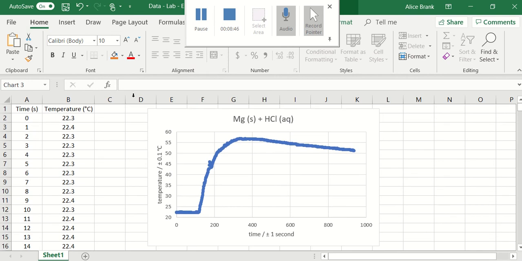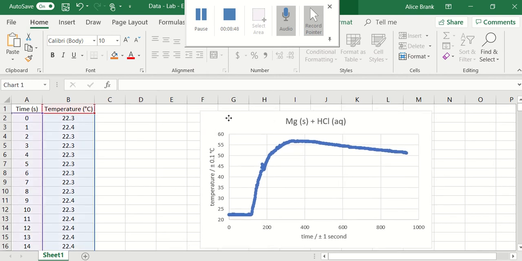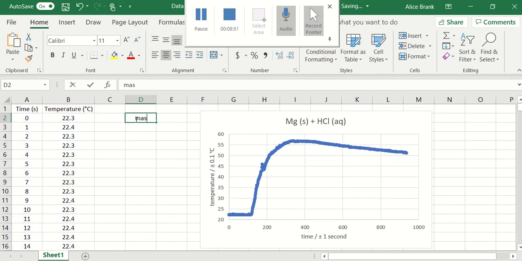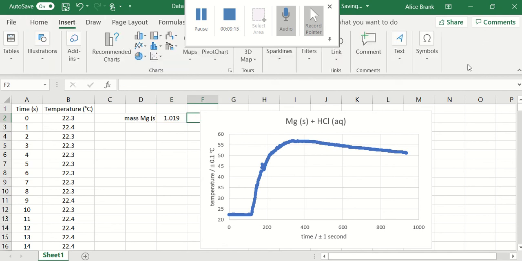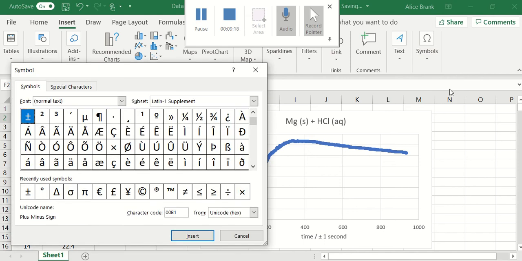Before I forget, can I get from you guys the mass of magnesium solid? 101.1. 1.0. Did I type that right? I'm going to put the uncertainty in a separate cell because I'm going to use this.